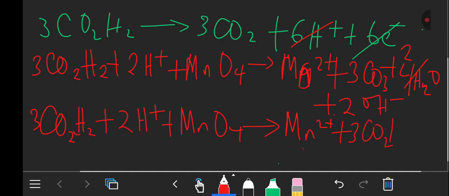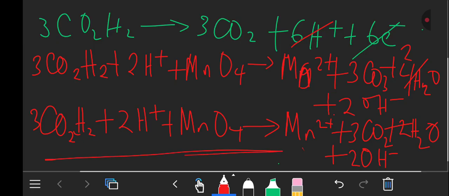The water molecules which have remained there, there are 2 water molecules. Then plus the hydroxide ions, there are 2 hydroxide ions. So this is how you balance this reaction in a basic medium or basic solution.